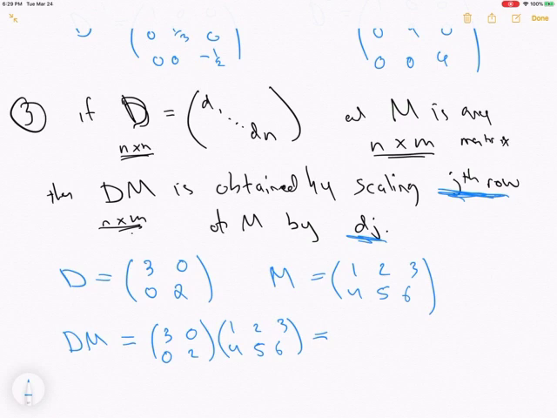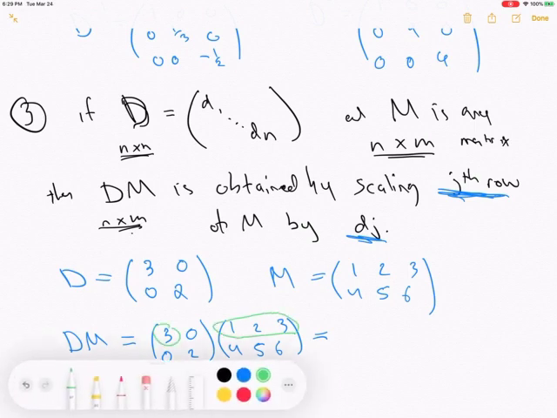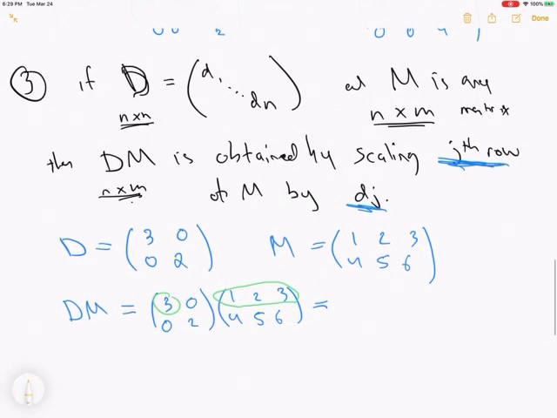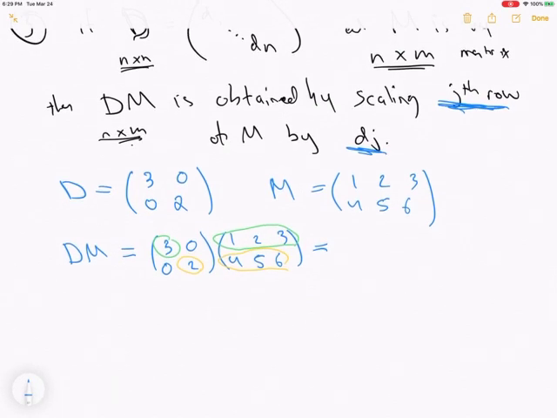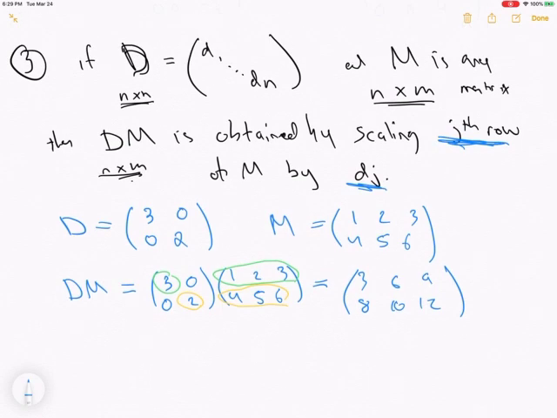So in particular, the first row is just going to get multiplied by 3, and the second row gets multiplied by 2. So it's easy to multiply a matrix by a diagonal matrix. This just becomes 3, 6, 9, 8, 10, 12. So diagonal matrices are easy to multiply.